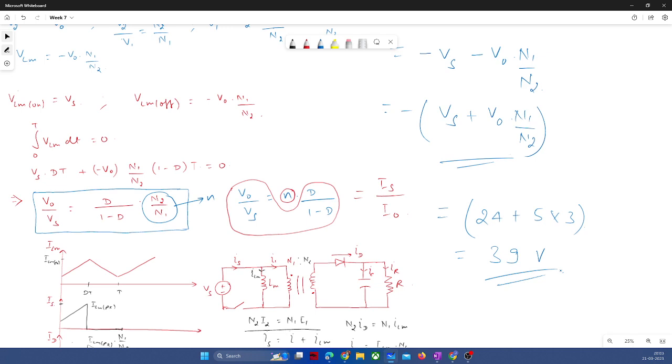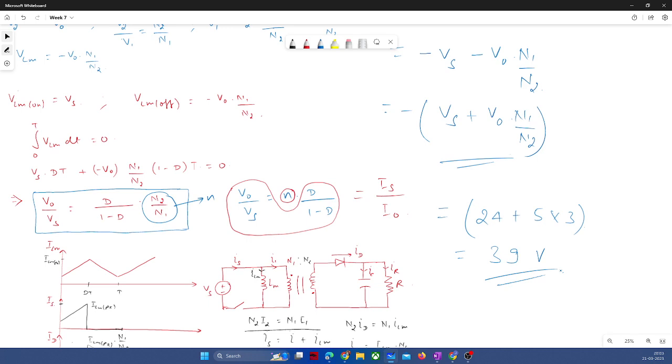Sir, in the forward converter also, during the flux reset, when the diode and resistance are conducting, at that time the switch sees a spike in voltage. Yes, it happens.